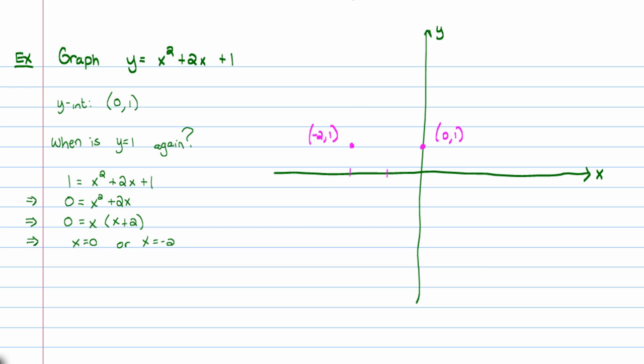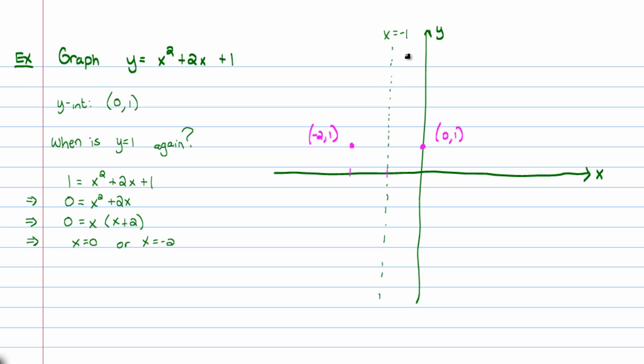Halfway in between those 2 points will be the axis of symmetry. So I'll go ahead and draw that in there really quickly. It's a vertical line, so that's of the form x equals, and halfway between x equals 0 and x equals negative 2 is x equals negative 1.